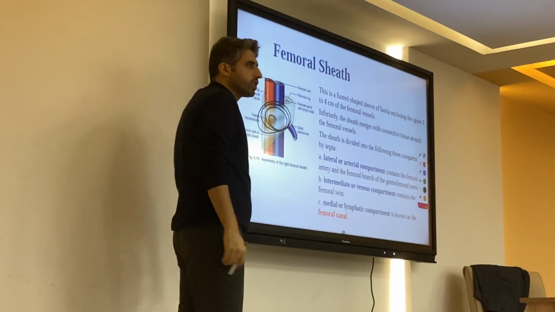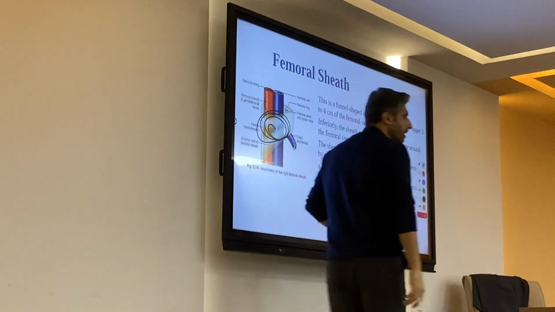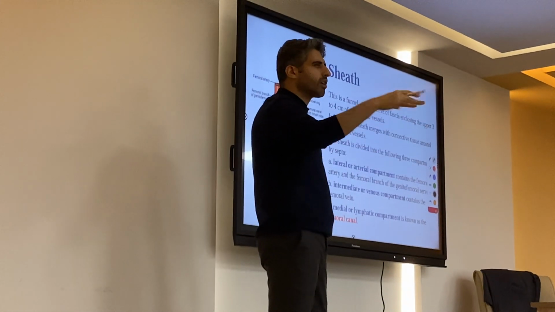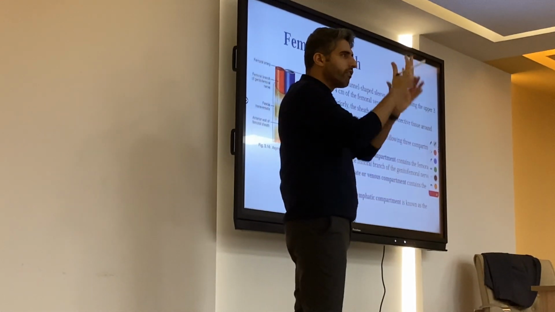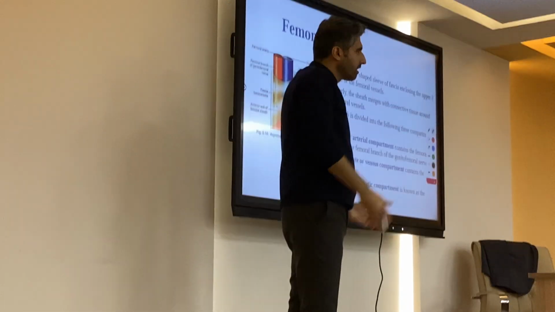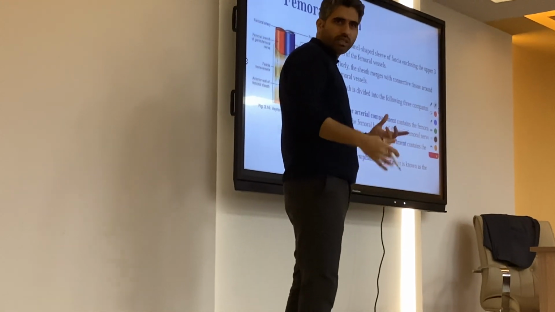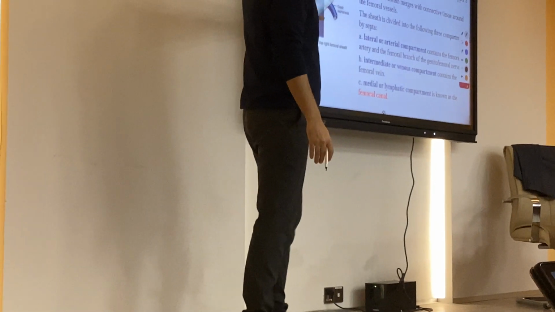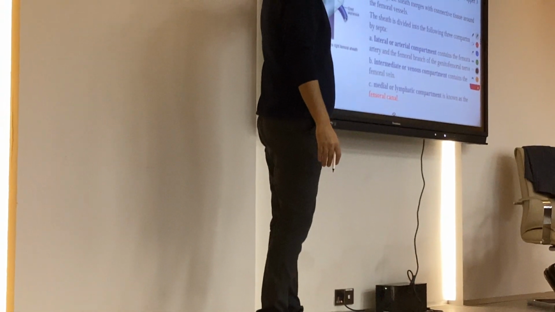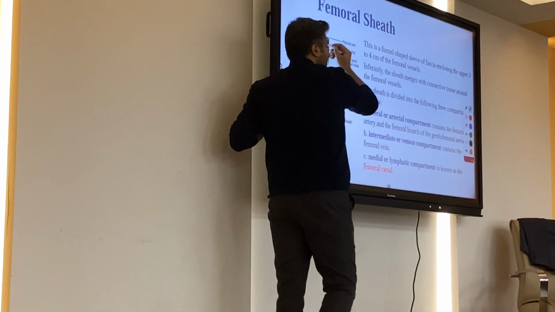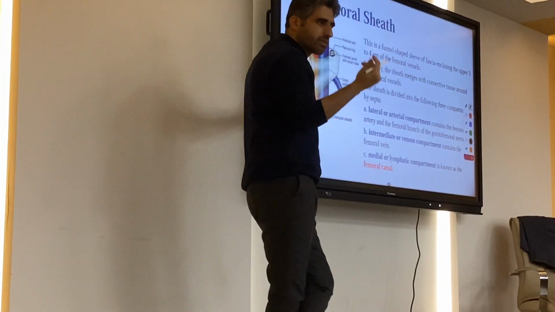This is the femoral sheath, this white color, around the femoral artery and femoral vein. In some regions, like the axilla and the thigh, vessels have sheaths. I can see some lymph nodes here in the femoral sheath.